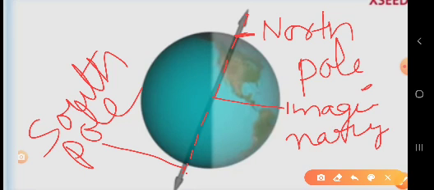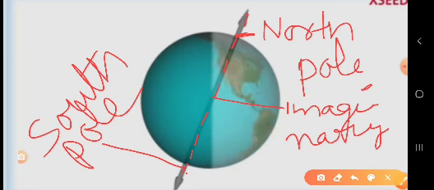So this is the line which is actually not there in the earth, but we imagine that there is a line which passes from North Pole to South Pole, which begins from the North Pole and comes out through the earth to the South Pole. So children, there is an imaginary line which passes from one side of the earth to another through the center.